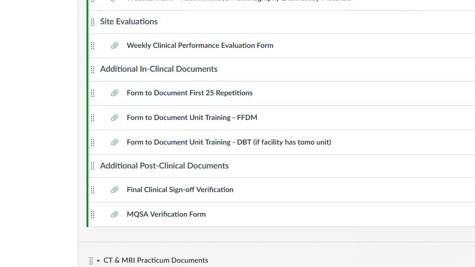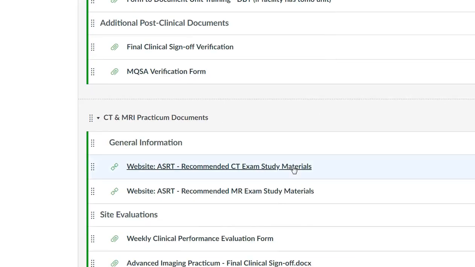And really, the additional forms that are going to need to be completed is the documentation of your first 25 reps. The unit training for digital mammo and breast tomosynthesis is here as well. So just make sure that you download and complete any forms that are pertinent to your facilities.